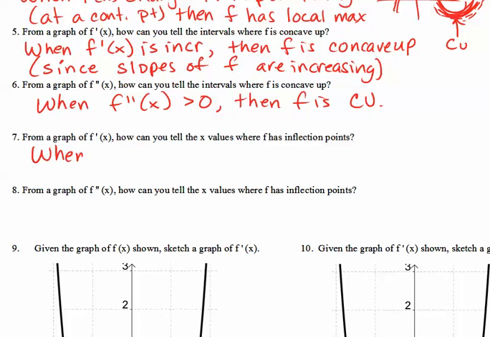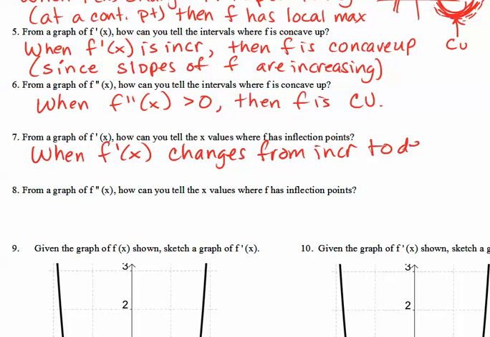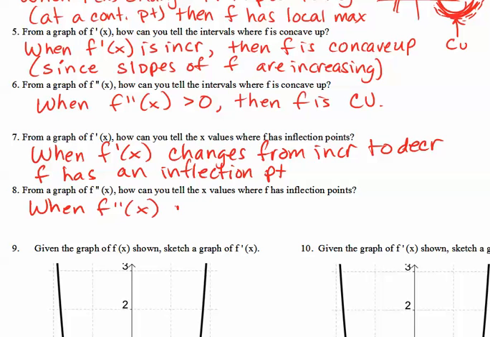So when f prime of x changes from increasing to decreasing, f has an inflection point. From a graph of f double prime, how do we tell when f has an inflection point? When f double prime of x changes from positive to negative, or vice versa.